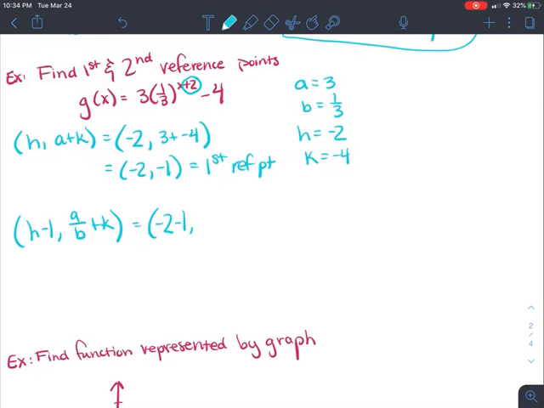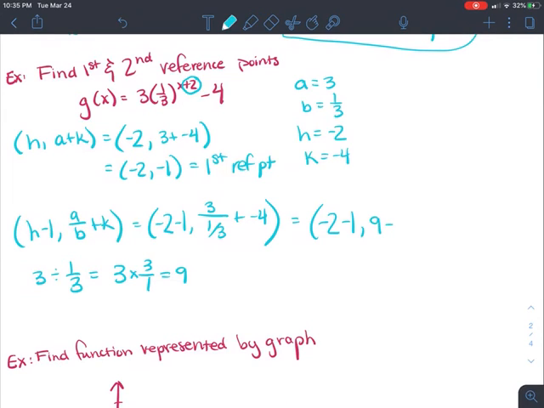My a is 3 over 1/3 plus negative 4. 3 divided by 1/3 is 3 times 3 over 1, which is 9. So this becomes (negative 2 minus 1, 9 minus 4), which gives me (negative 3, 5). That was my second reference point.